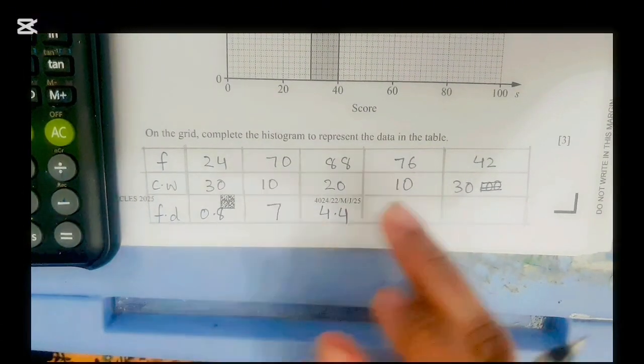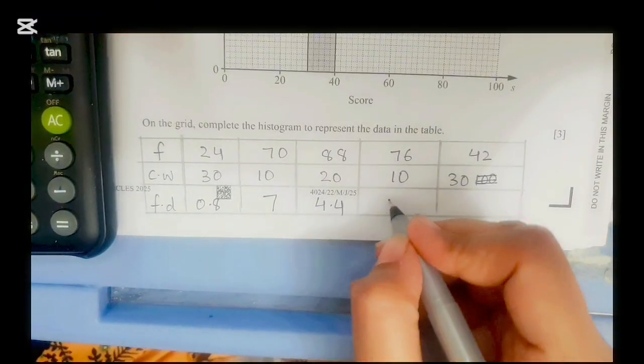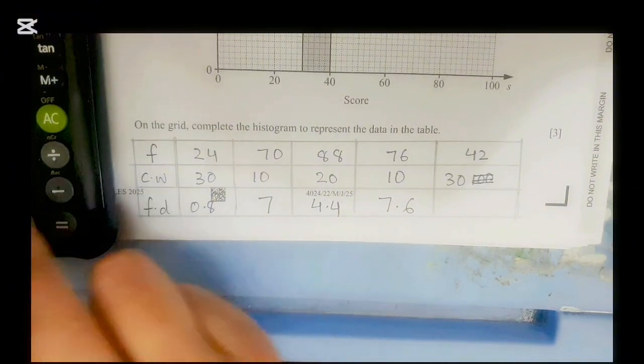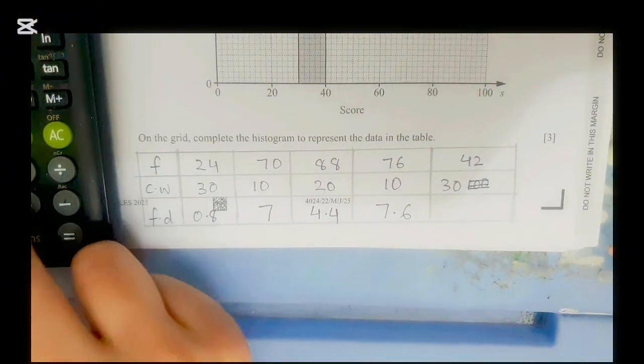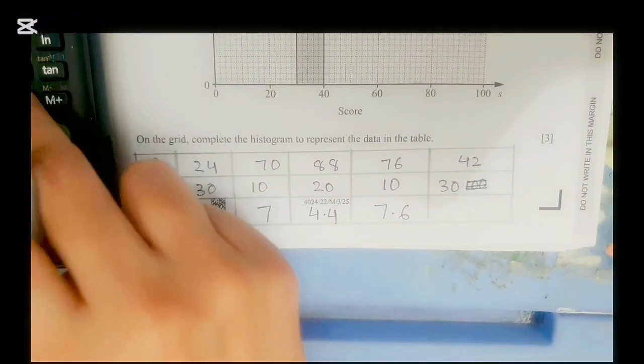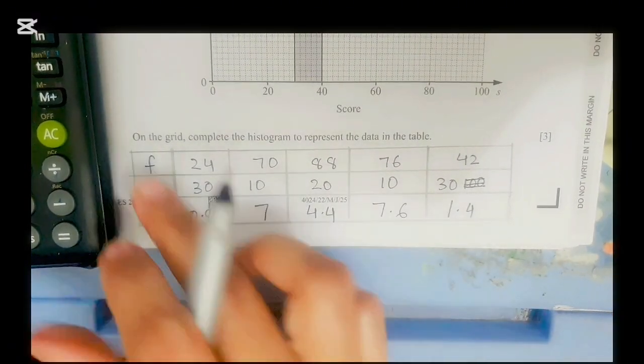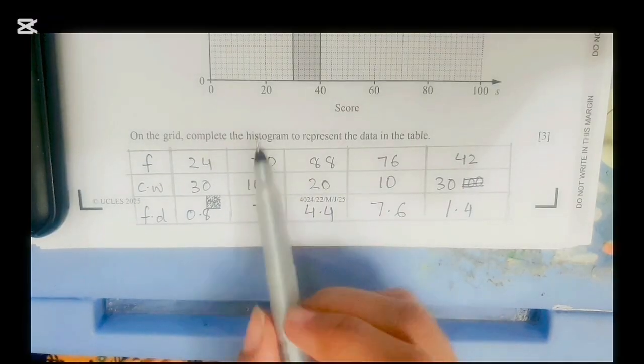Now 76 divided by 10 is easy, 7.6. And 42 divided by 30, so it's 1.4.